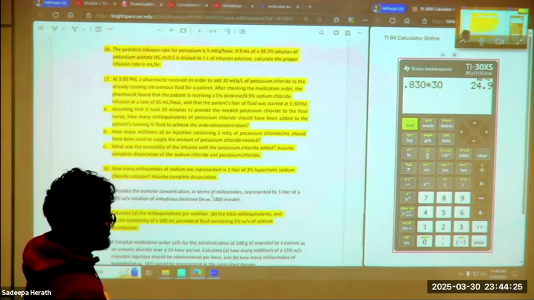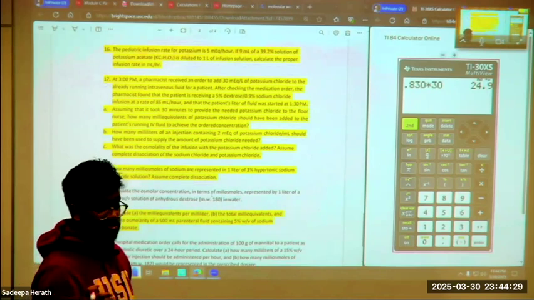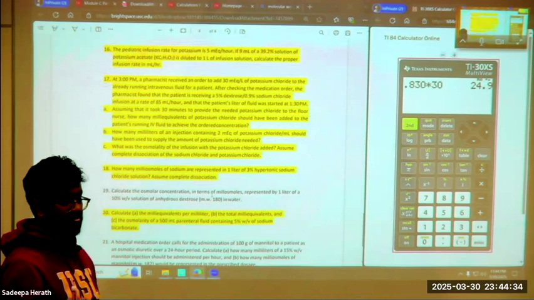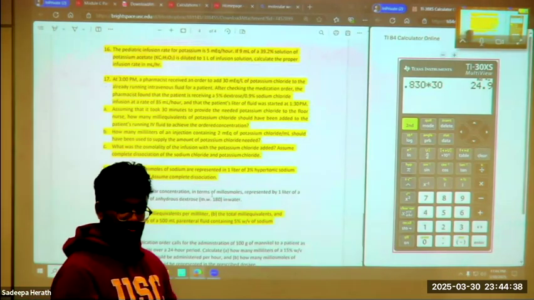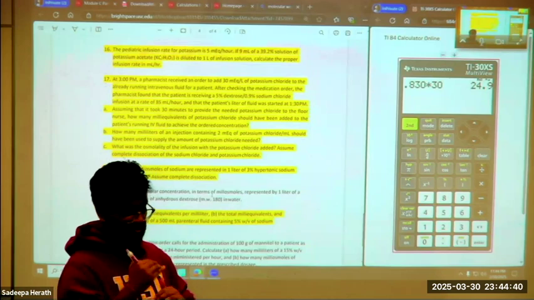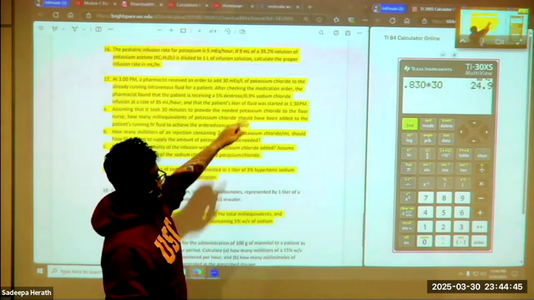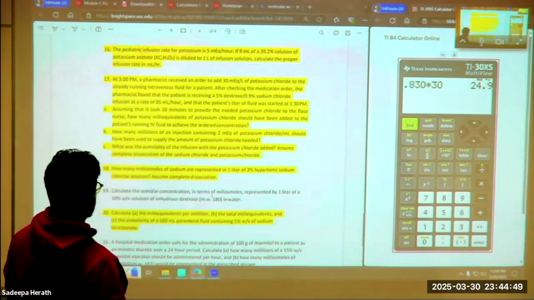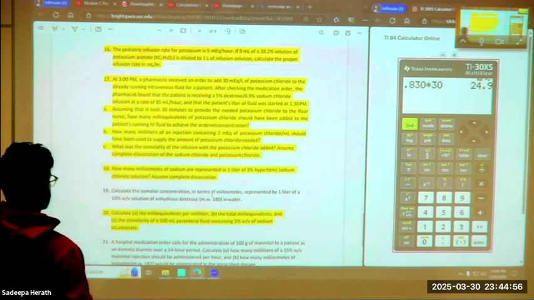And then from that remaining amount, we need to find out the MEQ of potassium chloride that needs to be infused, because now there's less of the IV, so we need to give less MEQ to match this concentration, 30 MEQ per liter. Okay, so let's first find out how much has been deducted, right?